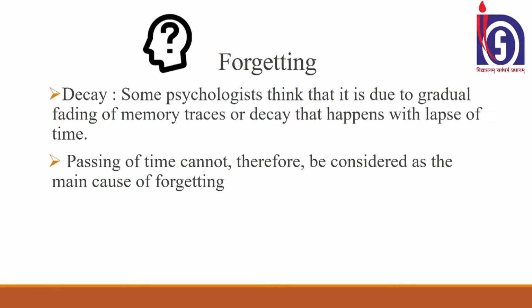With the passage of time, that imprint or trace which the memory has made basically fades away. So they say that the passing of time is the main reason why forgetting happens, as the trace becomes less or fades away.